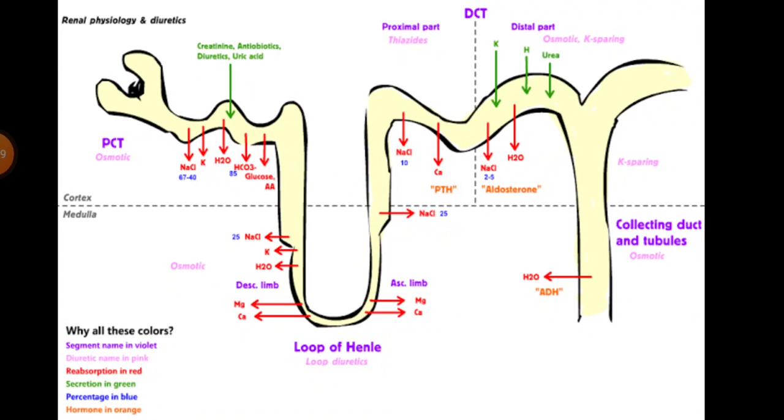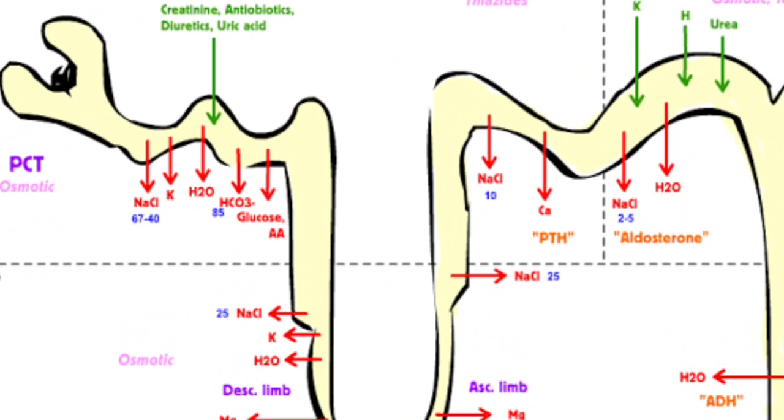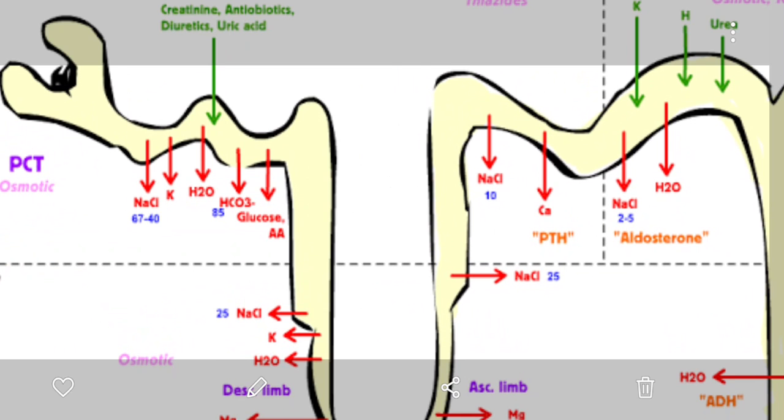So students, summarizing the whole physiology of the nephron, this particular diagram will help you a lot. If I go with the first process of reabsorption, here we have the sodium ions going out.